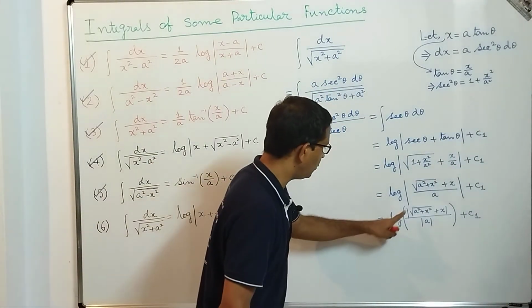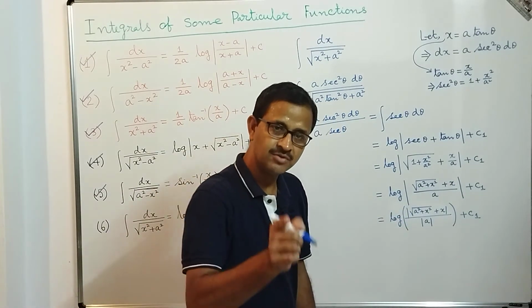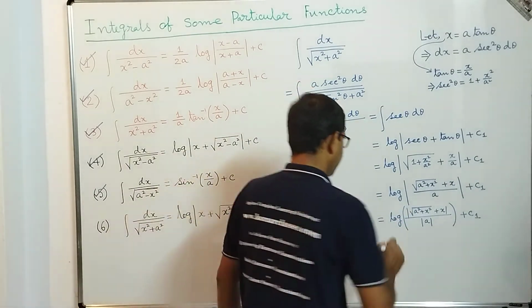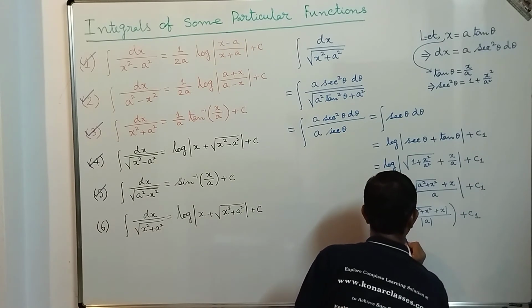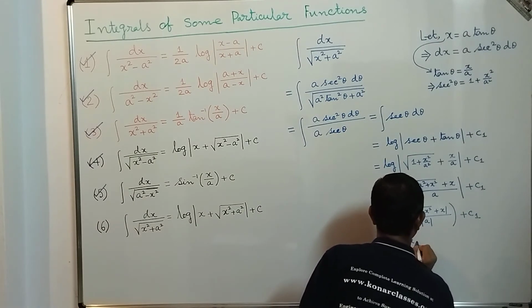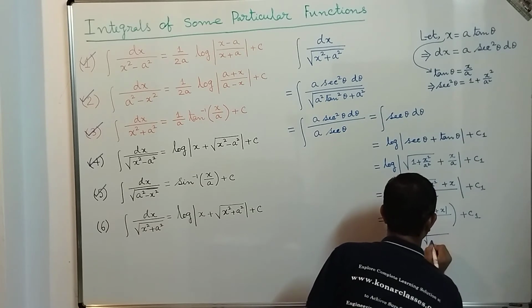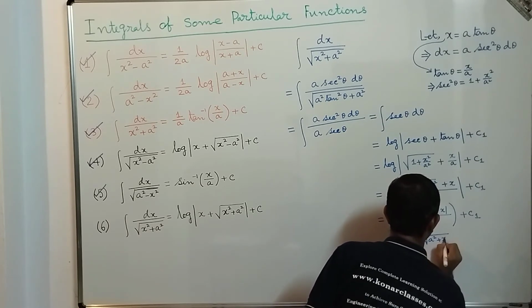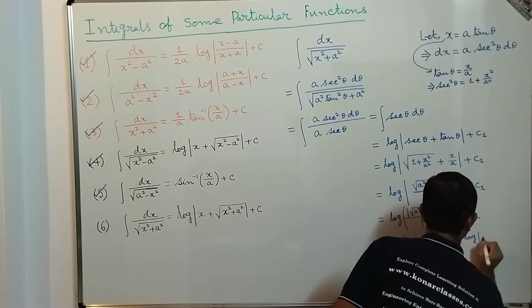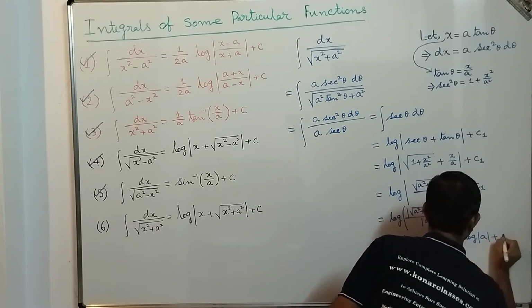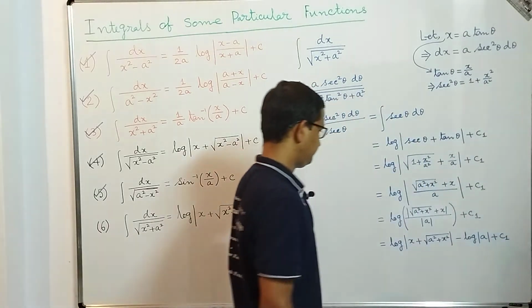So what can we write? Log of m by n is equal to log m minus log n. So this is equal to log of mod x plus square root of a square plus x square, minus log of mod a, plus c1.